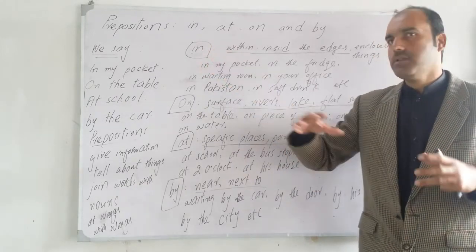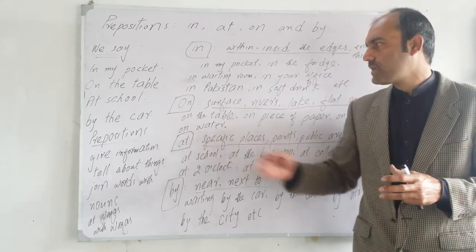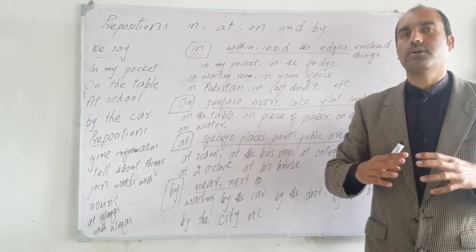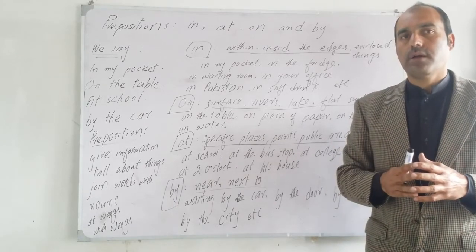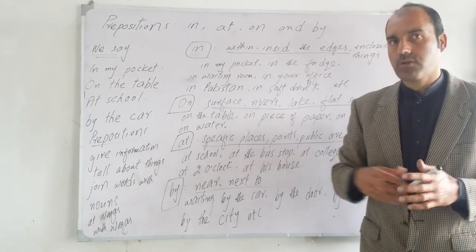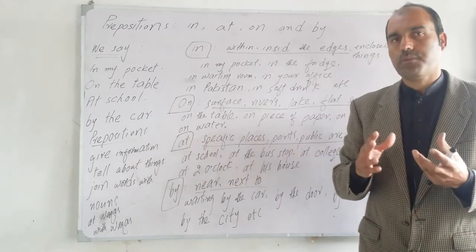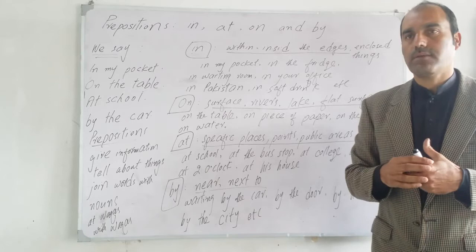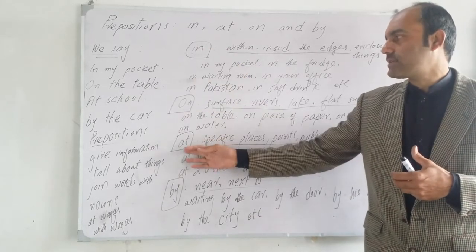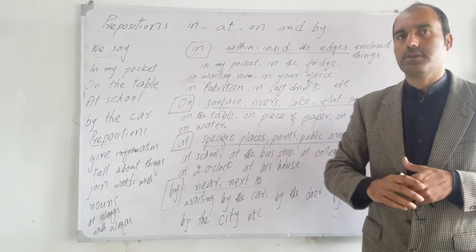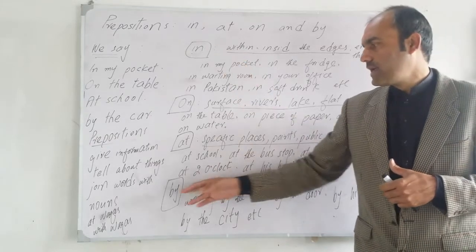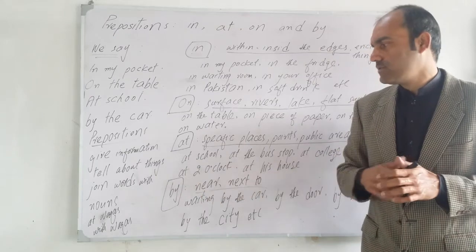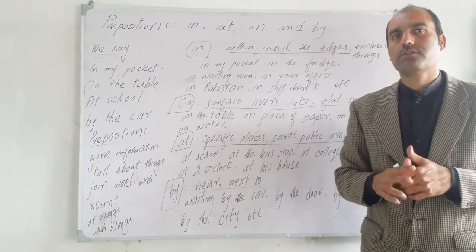You will use in for enclosed things, and at you can also use for things which are not enclosed, and also you can use at for enclosed things, but this will show you a proper position, a proper location of something or someone which is not shown by in. And by is the last preposition of today's session, of today's class. It is used for things which are near or next to one another.